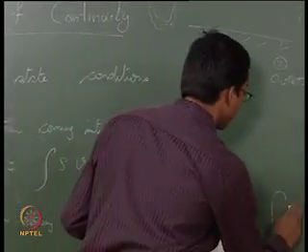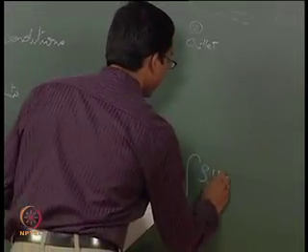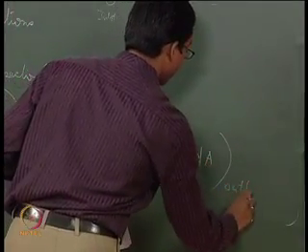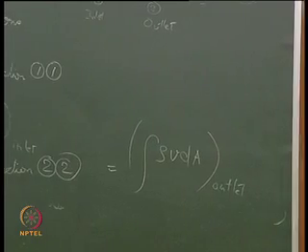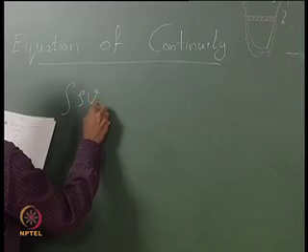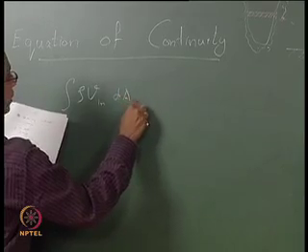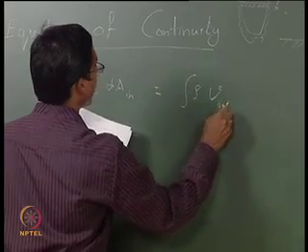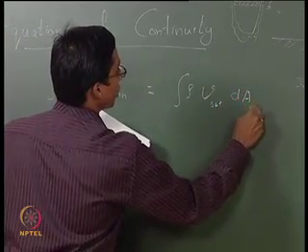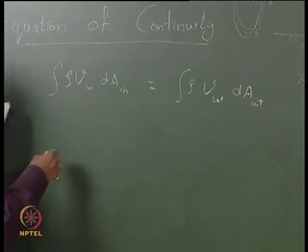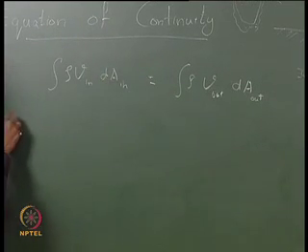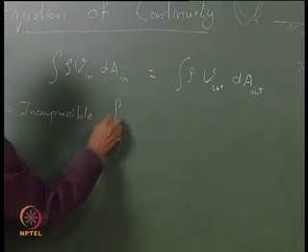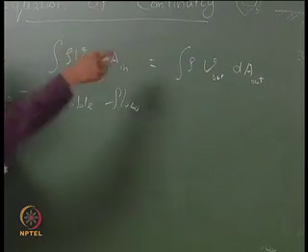So, let us proceed now. So, rho, you can equate both the quantities, rho v in dA in is equal to rho v out dA out, or as we are dealing with incompressible flow, you can cancel off rho.